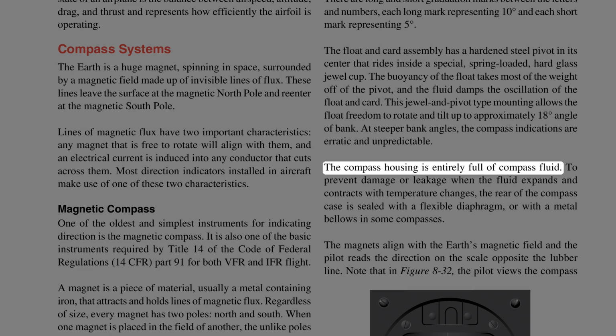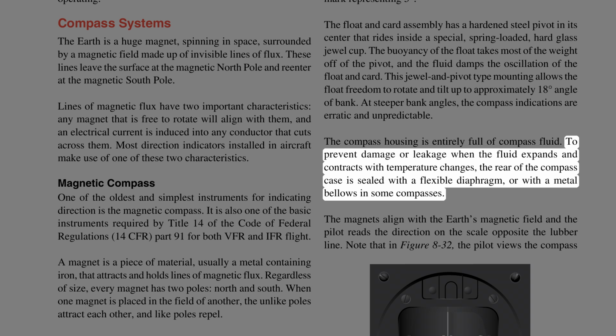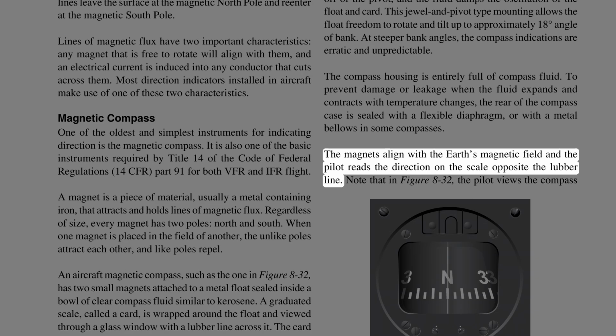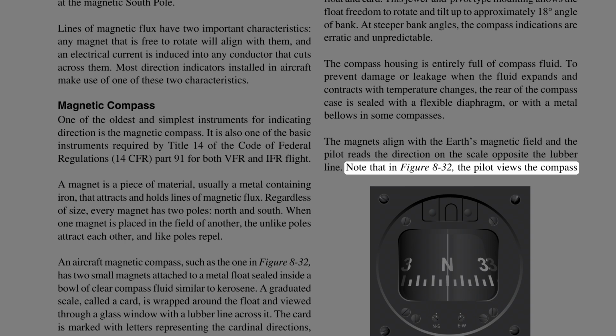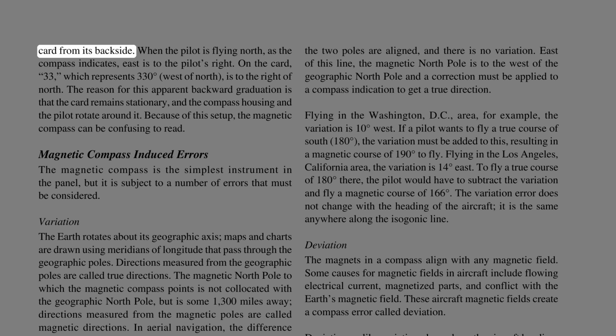The compass housing is entirely full of compass fluid. To prevent damage or leakage when the fluid expands and contracts with temperature changes, the rear of the compass case is sealed with a flexible diaphragm, or with a metal bellows in some compasses. The magnets align with the Earth's magnetic field and the pilot reads the direction on the scale opposite the lubber line. Note that in Figure 8-32, the pilot views the compass card from its backside.